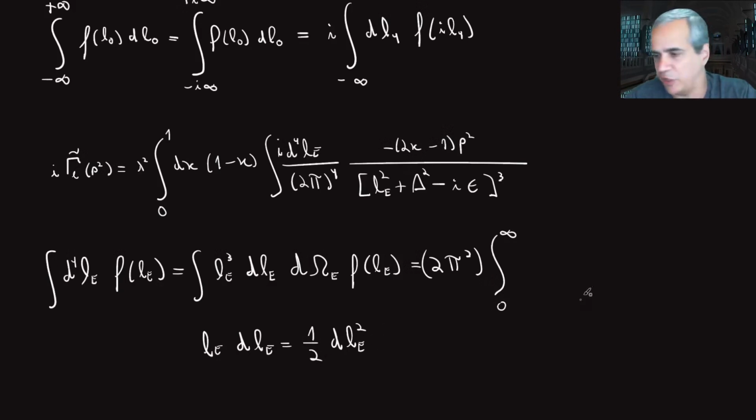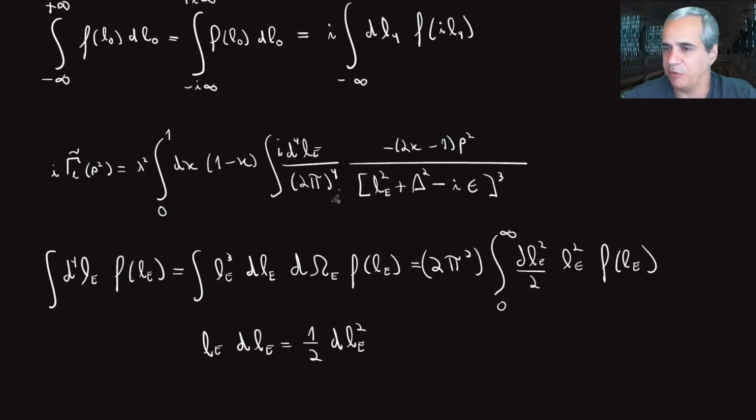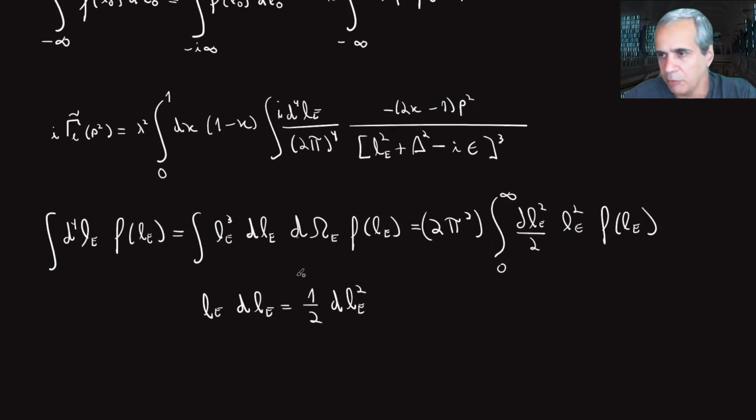So I'll do this change here, and then I have the L_E squared over 2. I have to compensate here, absorb an L_E here, so there's an extra L_E squared f of L_E. Right?